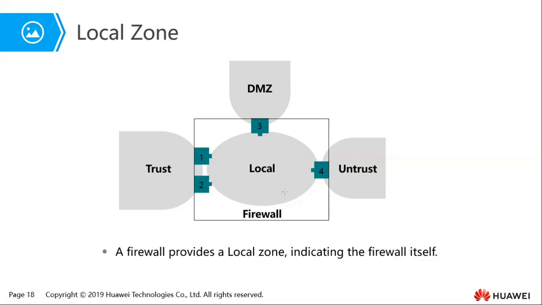Now, it is important to note that no interfaces can be added or assigned to the local zone. Reason being, all the interfaces by default are already in the local zone. So you can actually see that interface 1, 2, 3, and 4 are attached to the local zone. So remember that.